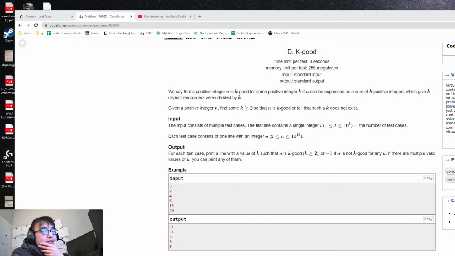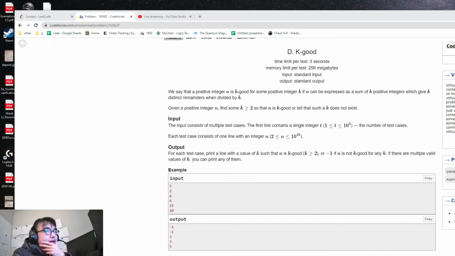Then with these two formulas, we can get the answer for k and t. And this will always be solvable because k and t are integers, so these two formulas can always be solved.